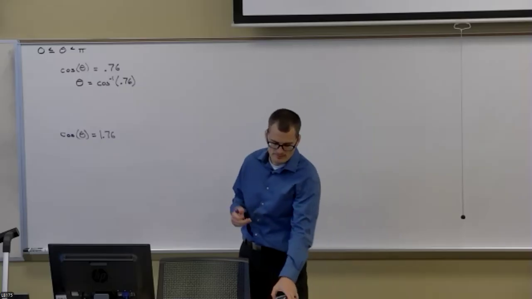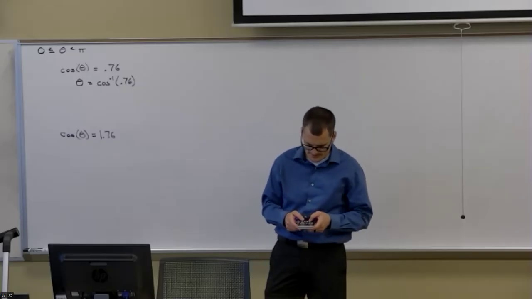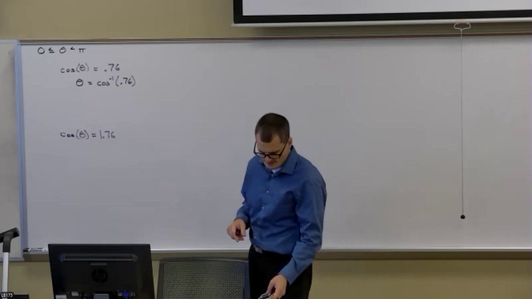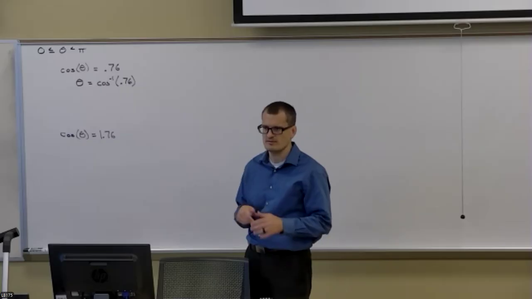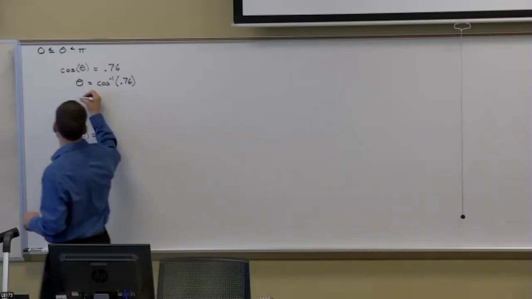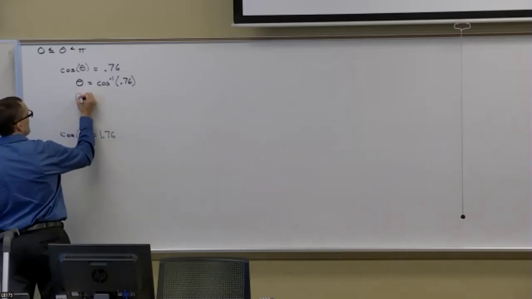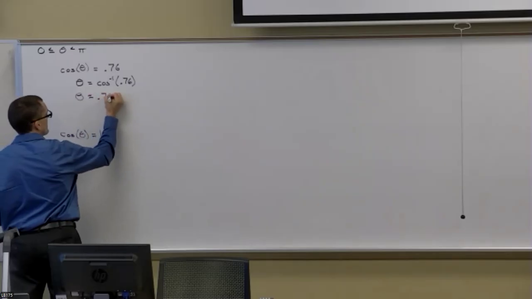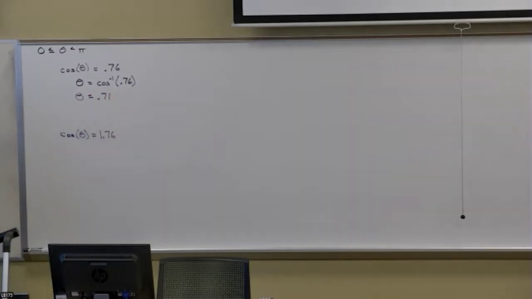So arc cosine or inverse cosine of 0.76. And I would just go on my calculator. Inverse cosine 0.76 is 0.707, blah, blah, blah. So approximately 0.71 is our angle in radians. So about 0.71 radians, which is good.